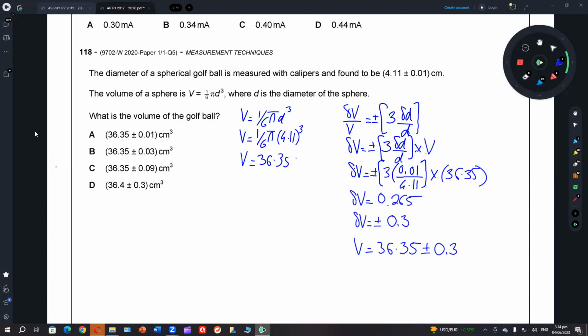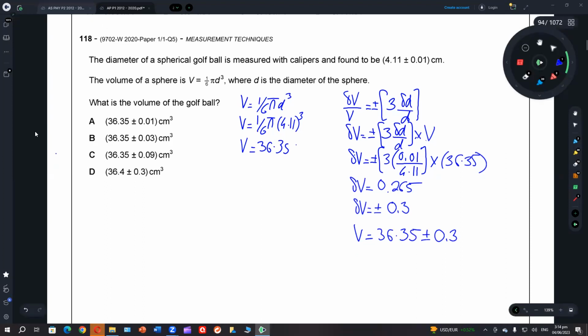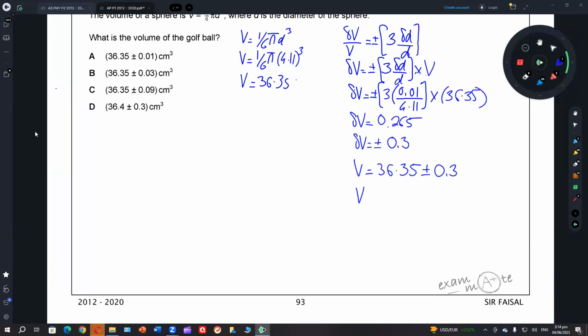I think after looking at the options, only D is matching with 0.3. It means that he has rounded the value.